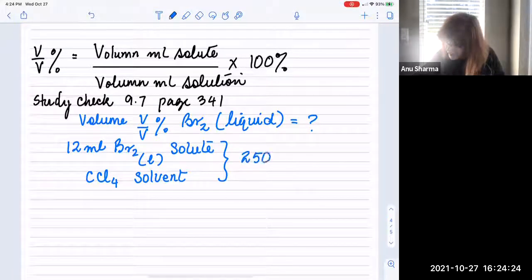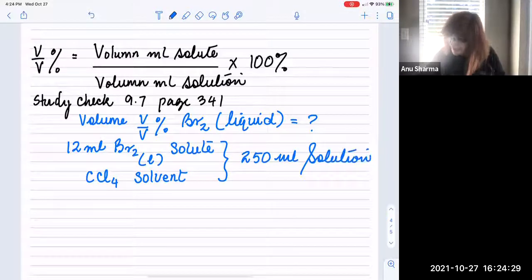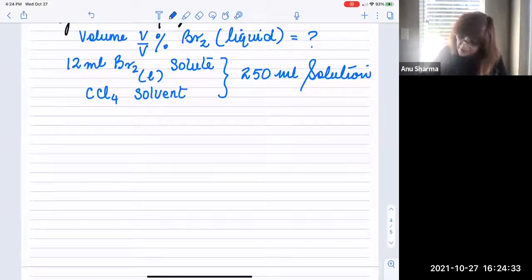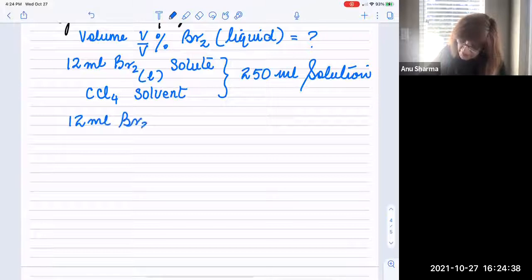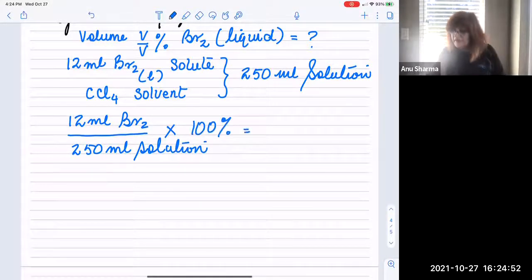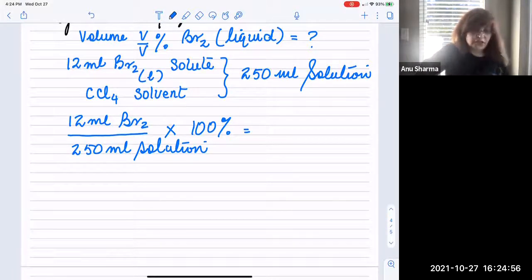So the question is already telling you that the volume of the solution is given. Okay, so you will have 12 milliliters of bromine, Br2, over 250 milliliters of the solution, times 100%. And here you get 12 over 250 times 100%.